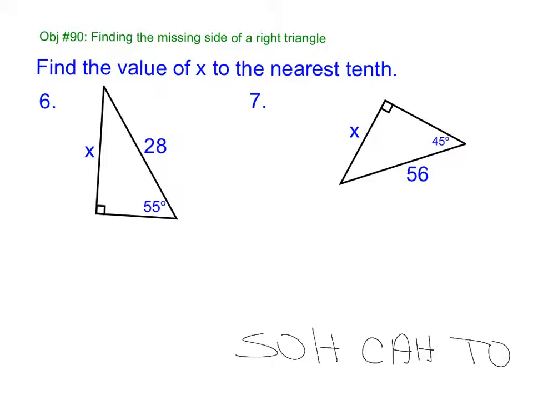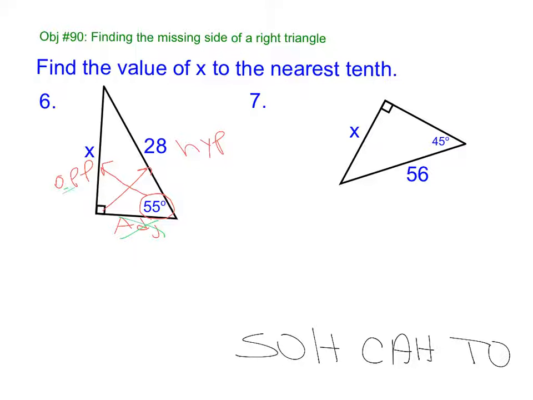All right, let's label our triangle. So I always start at my angle given. Across from that is my opposite. Across from my right angle is my hypotenuse. My leftover is my adjacent. Now I have no information where the adjacent is. Cross that off. What sides do I have?